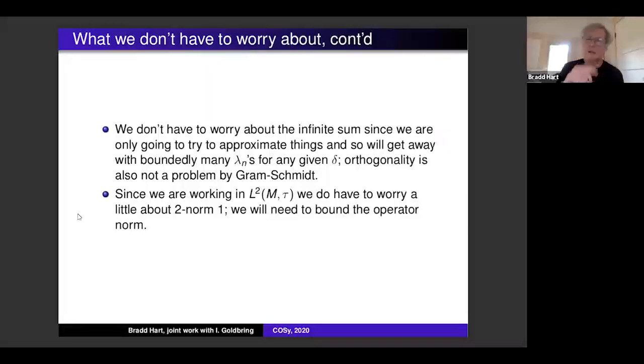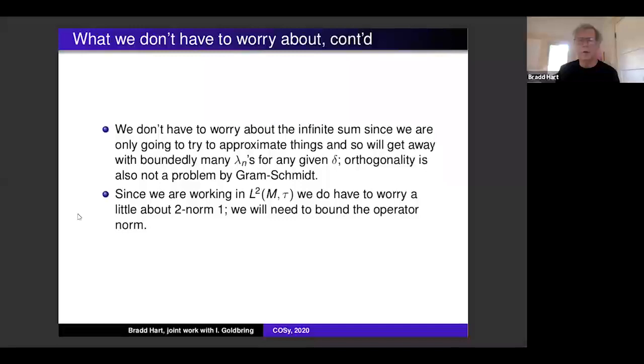Yeah, this is the thing we do have to worry about. But since we're approximating things, it turns out we can get away with a bound on the operator norm. We're not going to be able to sample across the entire state space because you get unbounded operator norm for that, but you can get close enough with a bound on the operator norm.